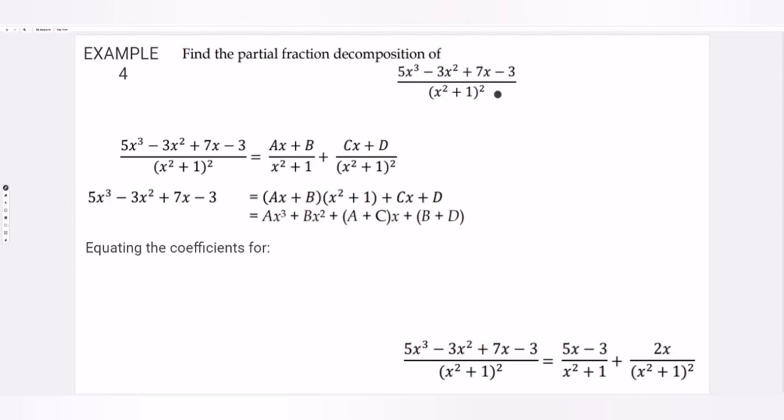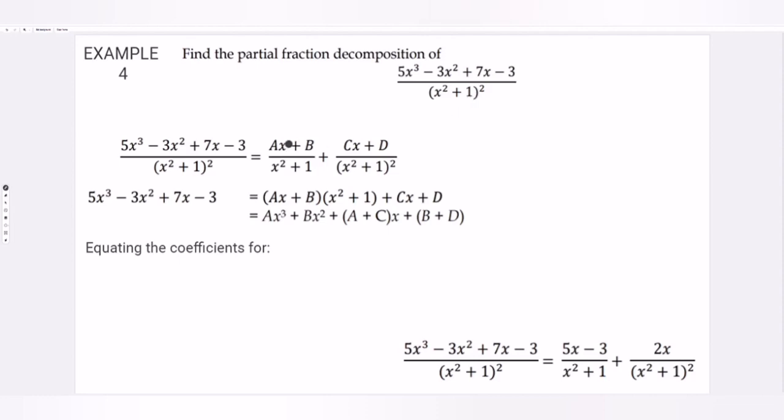What we need to do is convert them into the form for the partial fraction decomposition. Again, x squared plus 1 is not factorable, so this is under the repeated quadratic factors.